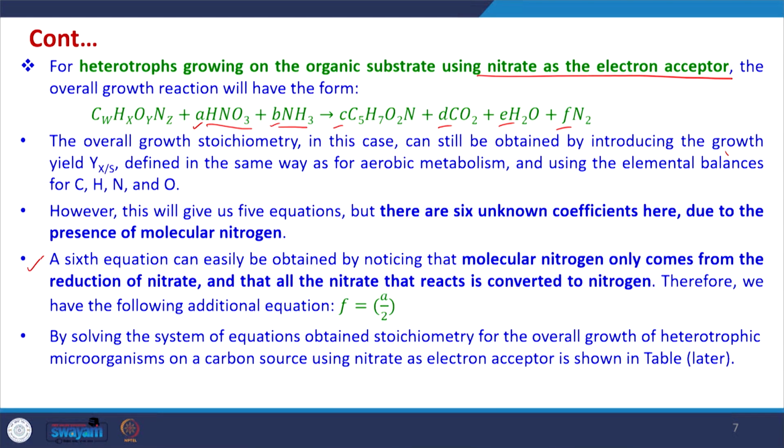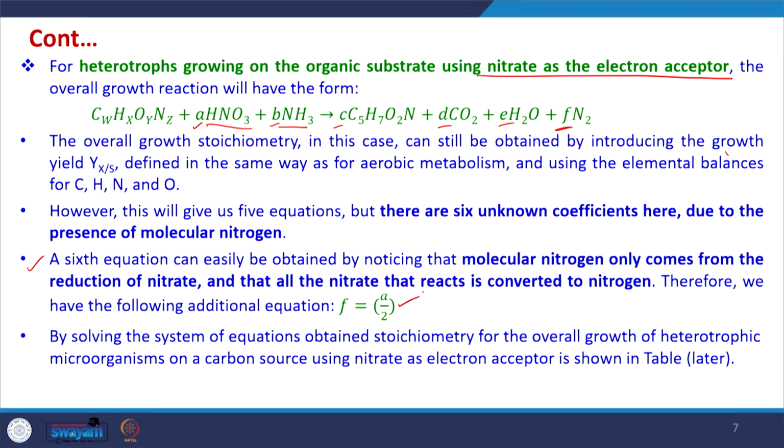Now, the sixth equation can be easily obtained by noticing a peculiarity in this equation: the molecular nitrogen comes from the reduction of nitrate, and all the nitrate that reacts is converted into nitrogen. From this we can write that the F value is always equal to A by 2.